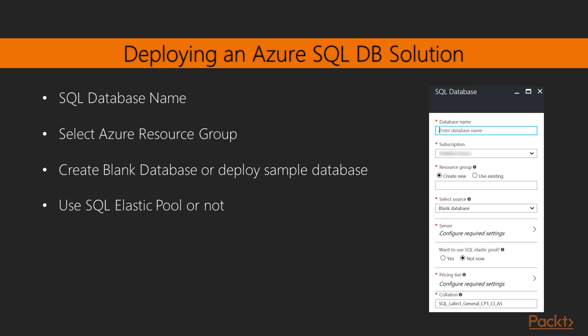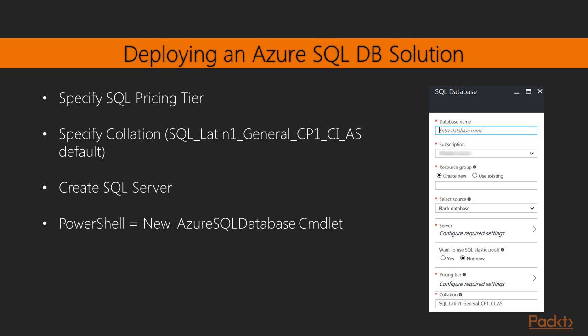It starts from selecting a unique SQL database name, selecting your subscription, selecting your Azure resource group, defining if you want to create a blank database or reusing one of the deployment sample templates or database samples, followed by some additional options if you want to use SQL Elastic pooling, which is used for elasticity, flexibility, scaling up, scaling down, then selecting your SQL pricing tier and specifying your SQL collation, where Latin 1 General is the default. Next to that, specify if it's a new database that you want to deploy.